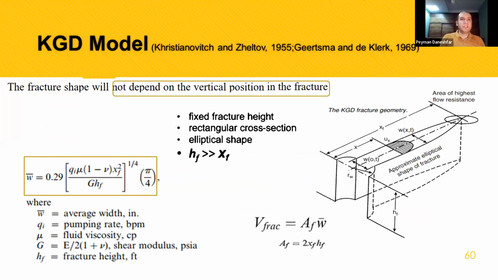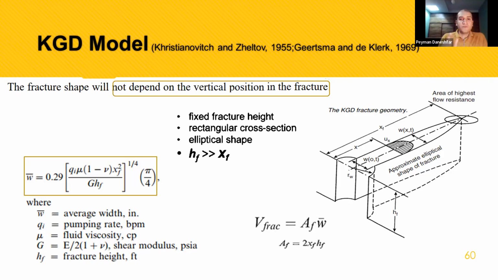In the KGD and PKN models, the height of the fracture is always constant. This assumes that the fracture height is constant all the time. In the KGD model, the shape is rectangular, but in the PKN model, it is elliptical. In the KGD model, the height of the fracture will be bigger than the fracture length.